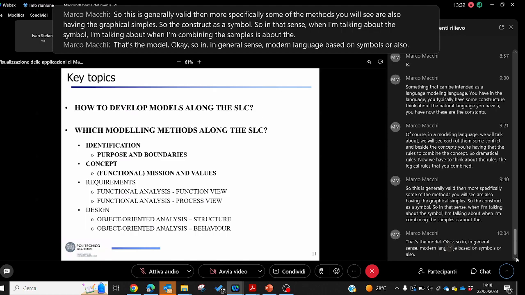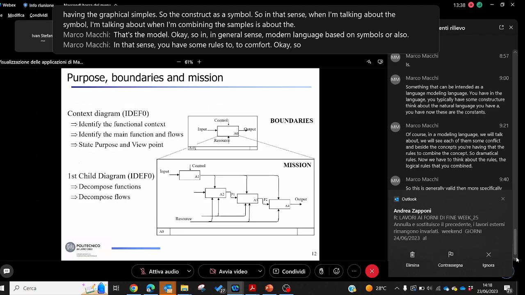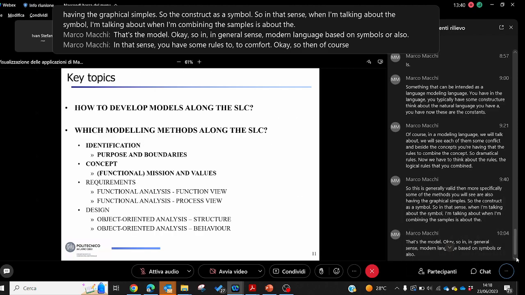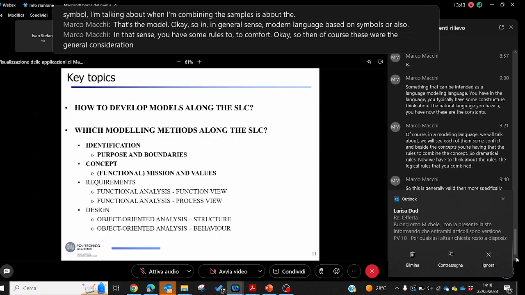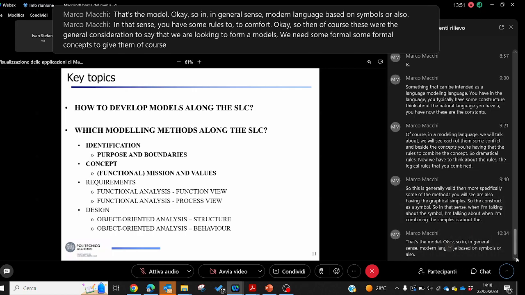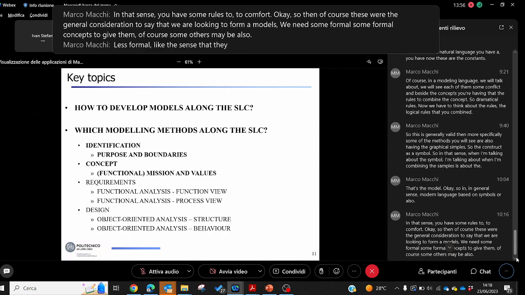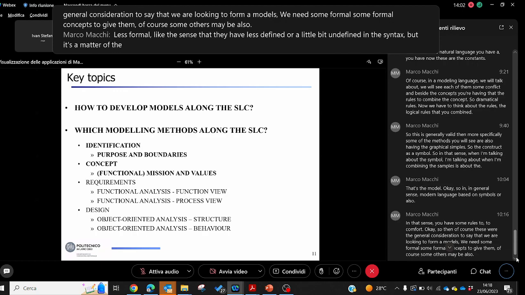In that sense, you have some rules to conform to. So this was the general consideration to say that we are looking at formal models. We need some formal rules, some formal constructs to build the model. Of course, some models may also be less formal, in the sense that they are less defined or a little bit undefined in the syntax. But it's a matter of the range of languages that you can find.